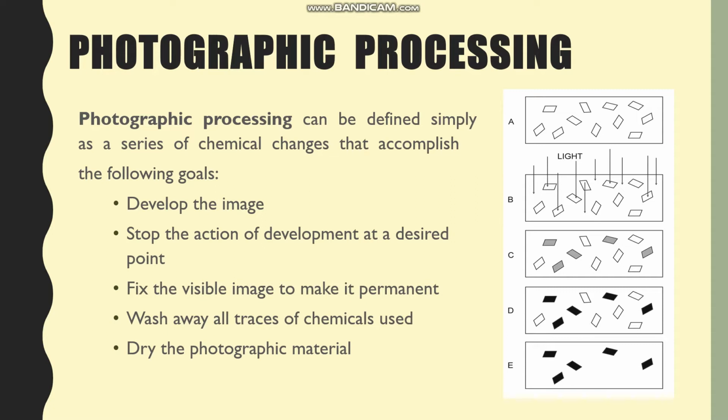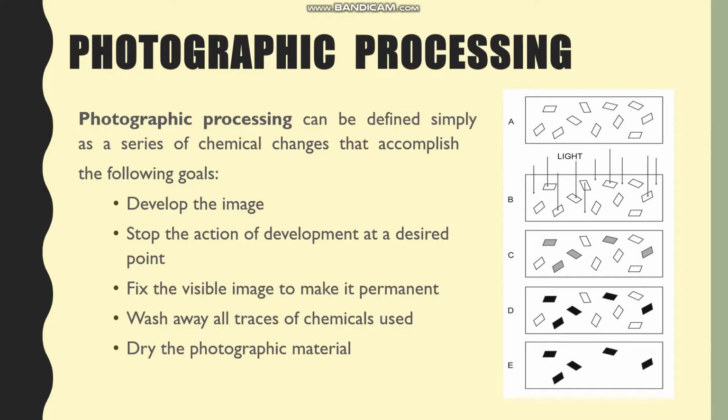In other words, there are 5 stages that our film and photographic paper go through in order for us to develop the image and produce the photograph we want. We'll discuss those later. This is just an introduction to the stages our photographic film and photographic paper pass through when we develop them, which we call photographic processing.